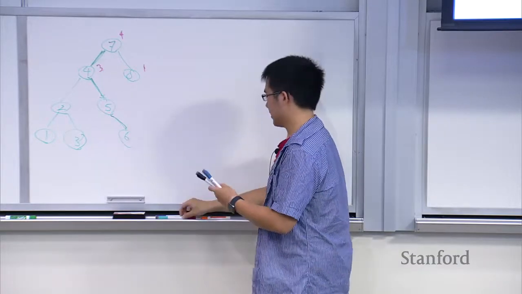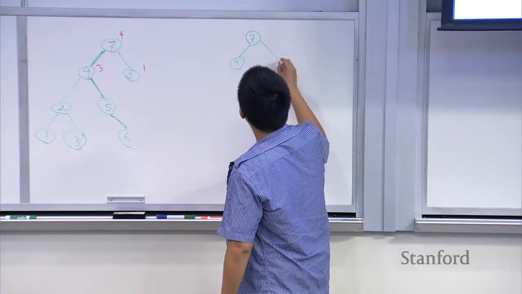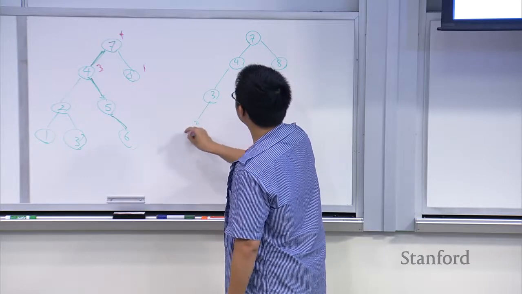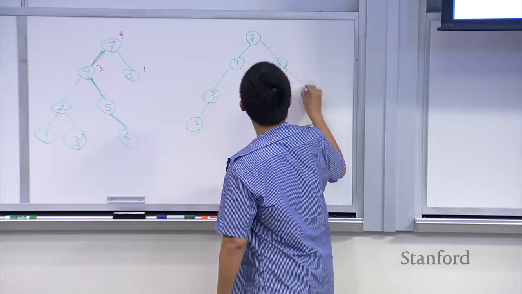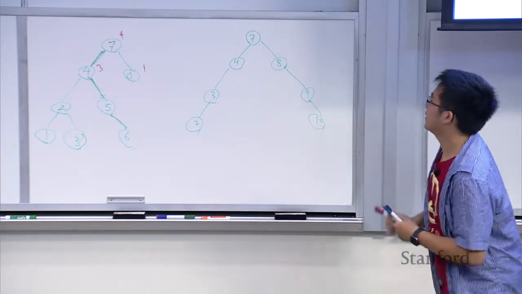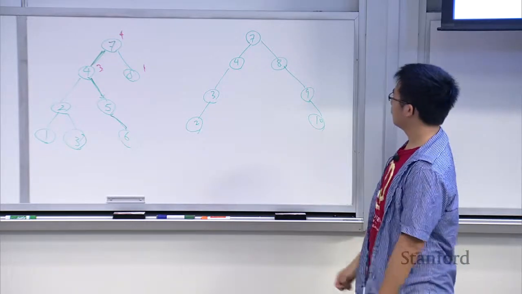What if we had a case like this? So 7, 4, 8, 3, 2. Then, let's do 9, 10. So this tree is not balanced. Is this tree balanced?